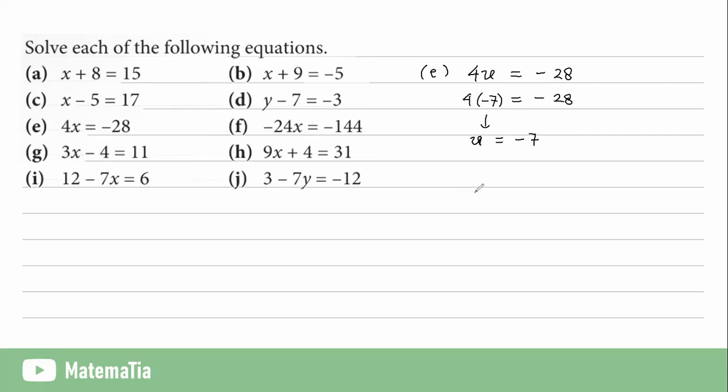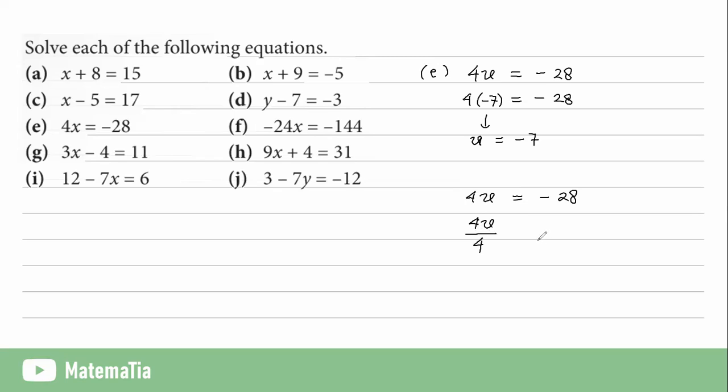Okay, and then the second method, for 4x is equal to negative 28, because our goal is finding the value of x, that's why we have to make this one into x only by dividing 4x by 4. So 4x divided by 4.